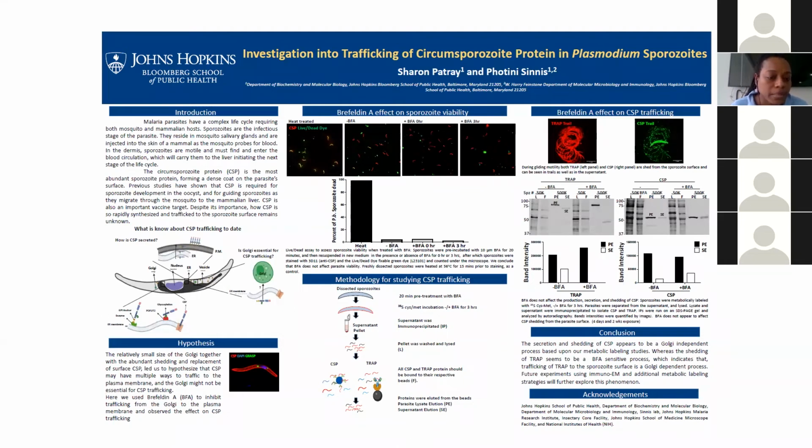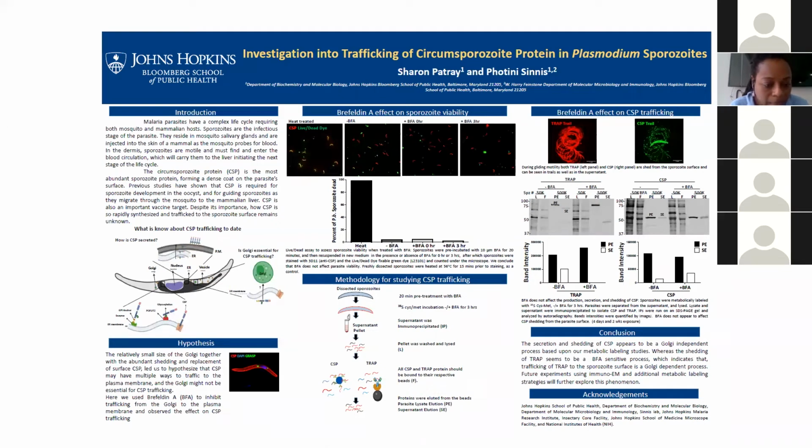CSP can also be seen shed in the parasite trails as the parasite moves. One of the things we were interested in was whether CSP goes through the Golgi as it's trafficked to the surface of the parasite where it's shed.